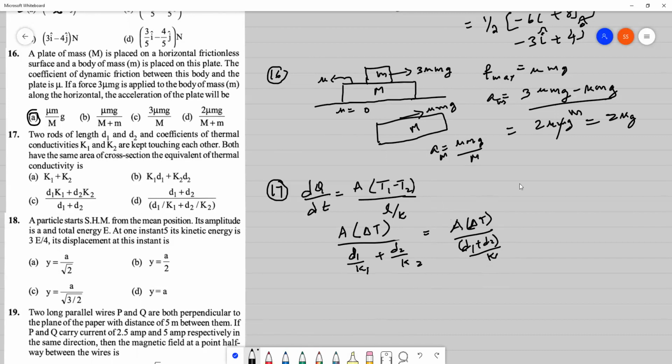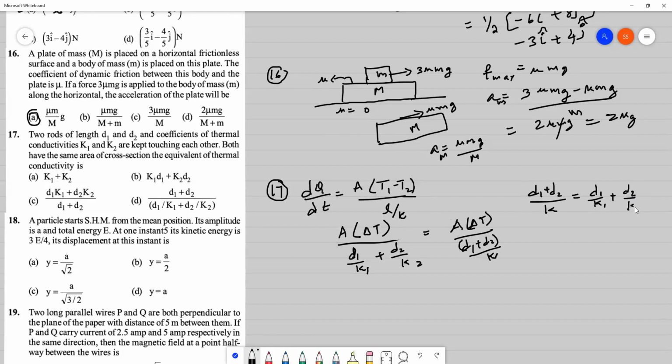So when you compare these two equations, you get D1 plus D2 divided by K is equal to D1 by K1 plus D2 by K2.